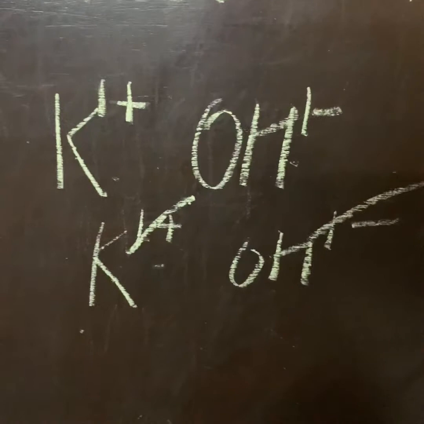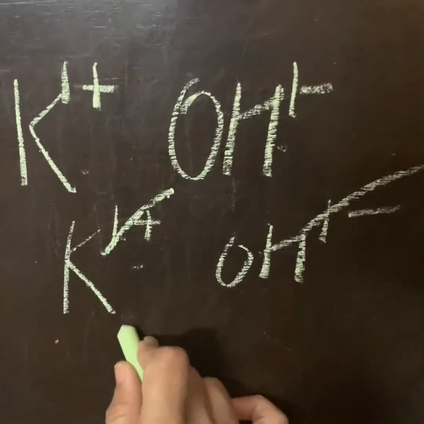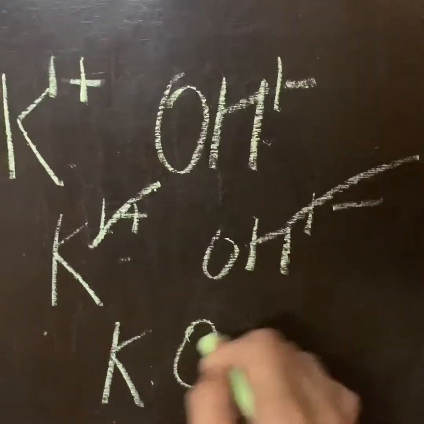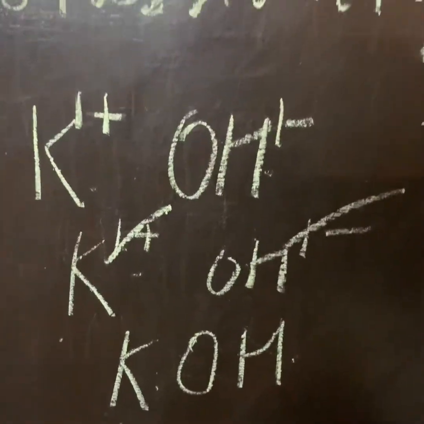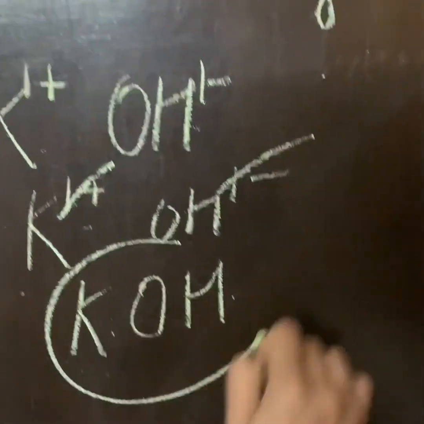You can remove the common factor if there is any, and the formula is KOH. The formula of potassium hydroxide is KOH.